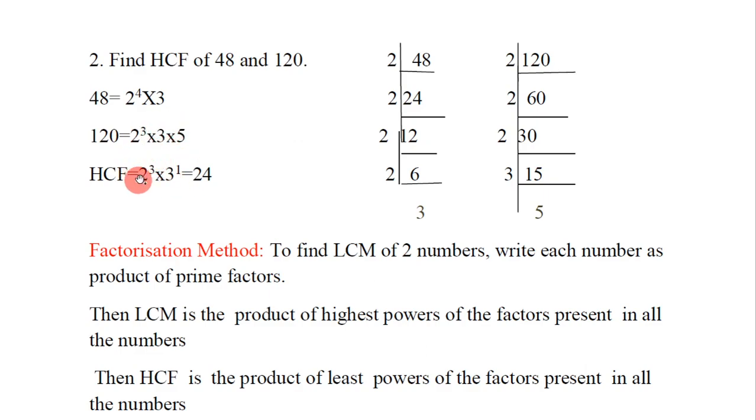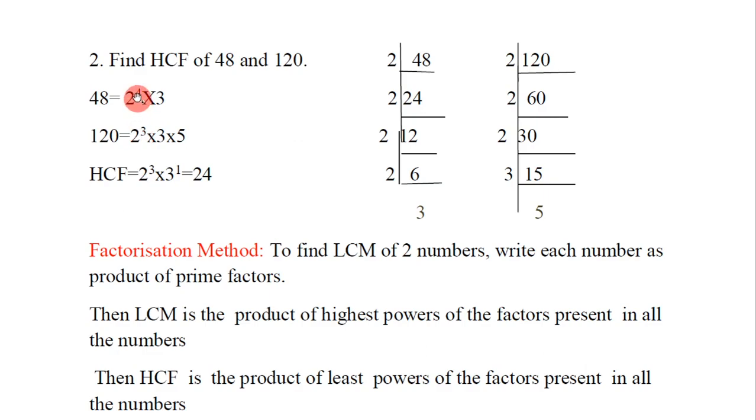So what is the meaning? Let us see. We have already written the highest common factor here. For that, in each number we have to find the least power of each prime number. So we listed 2 cube and 3 power 1. We are finding the highest common factor: 2 cube and 2 power 4.